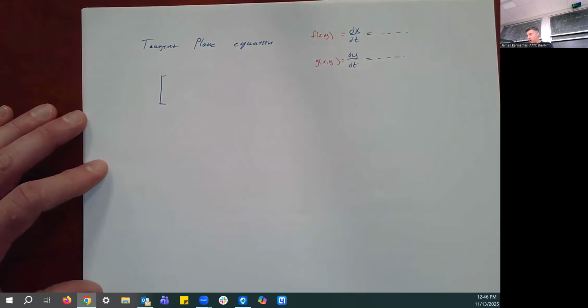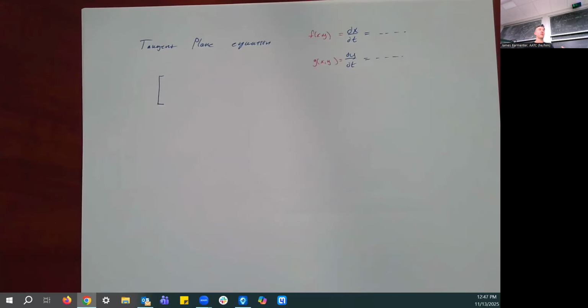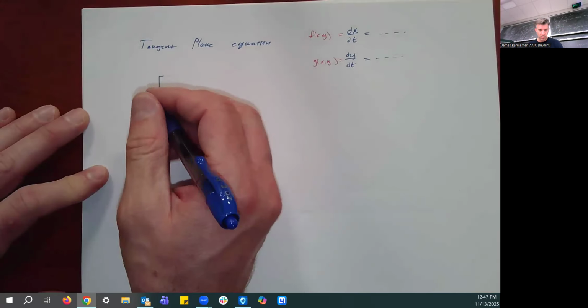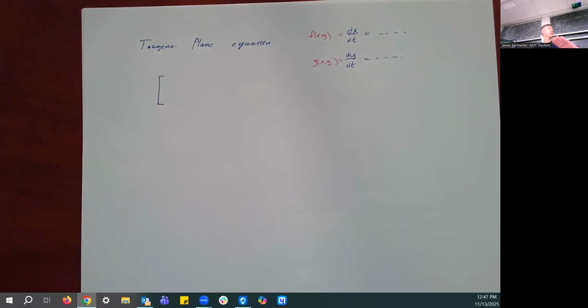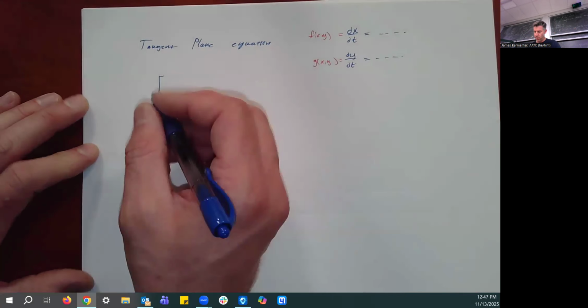So what we're doing is making a linear approximation of both functions at once. Sorry, I should back up. The equation he wrote is the equation. It's still a tangent plane. So he's only writing one at a time. All right, cool. I'll do both here.